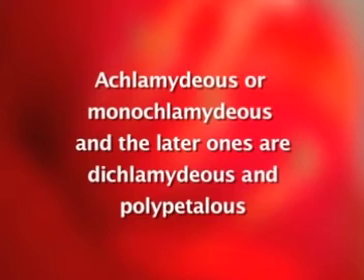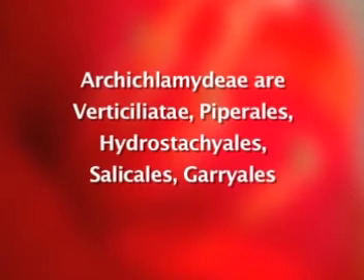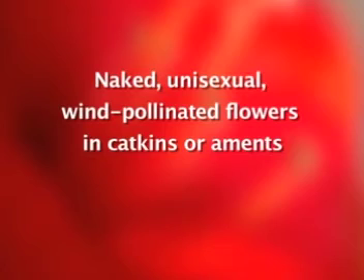In the Archichlamydeae, the first families are actinomorphic or monochlamydeous, and the later ones are dichlamydeous and polypetalous. The first orders of Archichlamydeae are Verticillatae, Piperales, Hydrostachyales, Salicales, Garryales, etc., which have naked unisexual wind-pollinated flowers in catkins or aments.